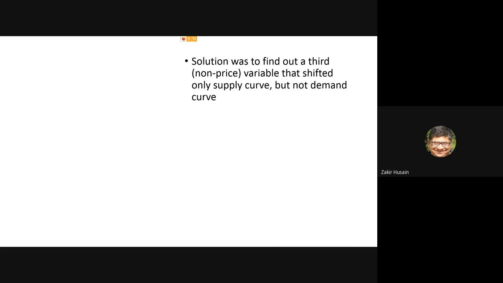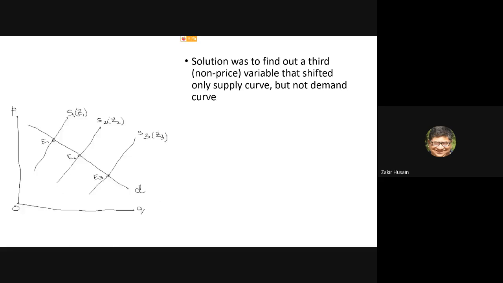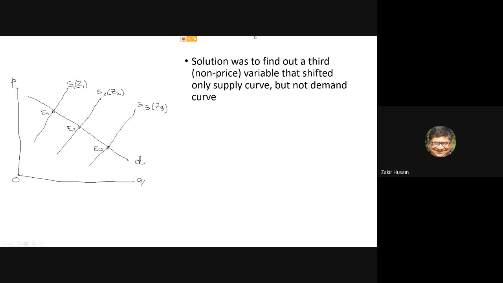Okay. So the solution was to find a third variable. We have price, we have quantity, find a non-price variable that shifted only the supply curve. Let us suppose this is Z1. So Z1 affects only the supply curve, not the demand curve.